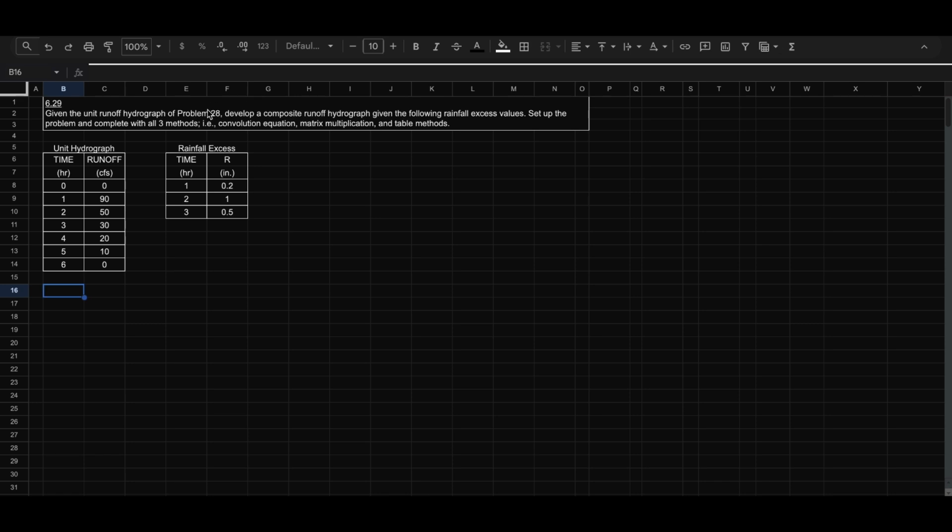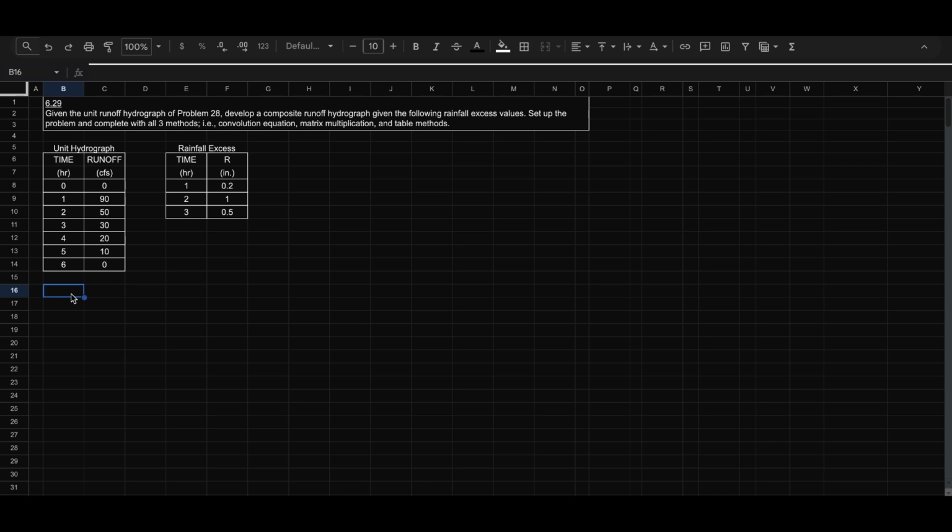The convolution equation and the table methods are pretty much the same, so when I solve them, you're going to notice that they're very similar. This is how I understand it: the convolution equation is mostly when you are doing it on paper, handwriting it, solving it on your own. The table method is the same, but using Excel or similar software. The matrix multiplication involves matrices, so that's different.